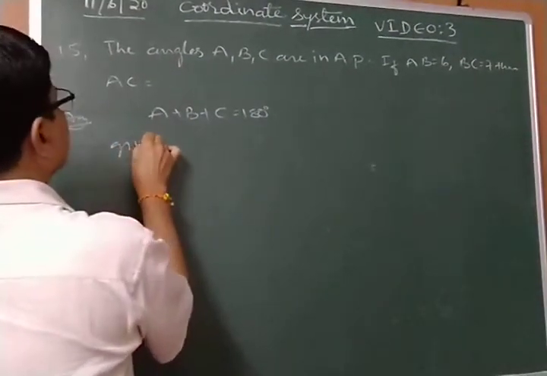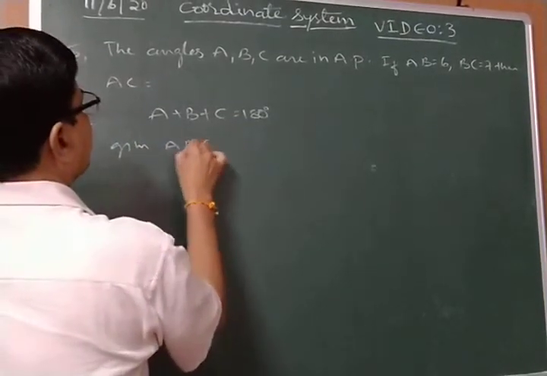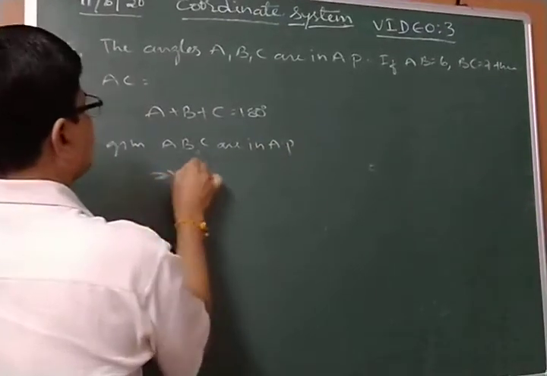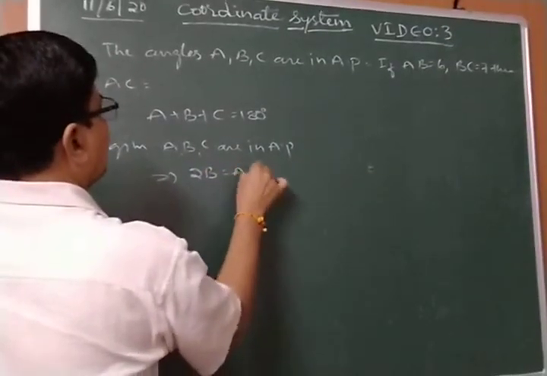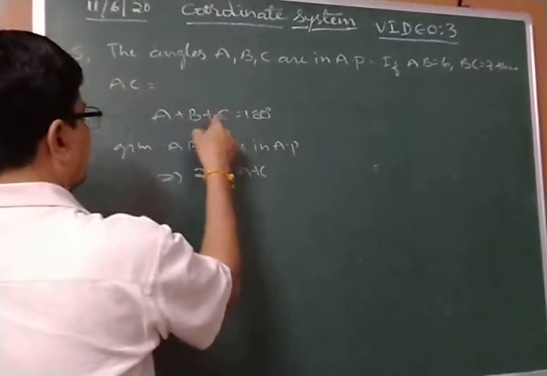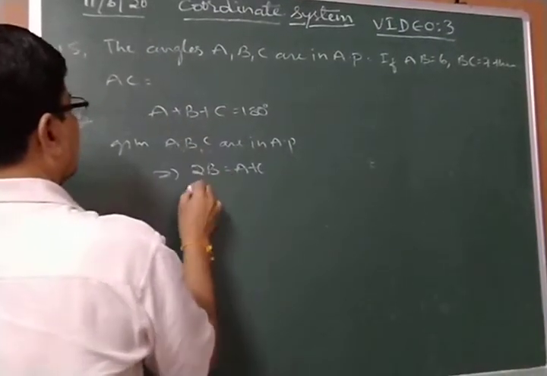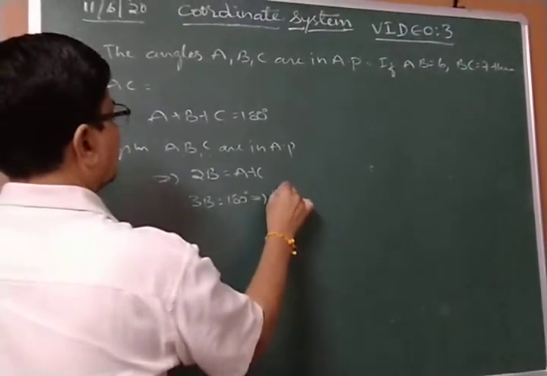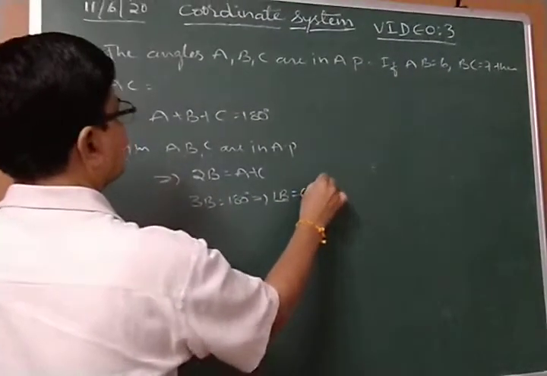Given A, B, C are in AP, that implies 2B is equal to A plus C. Substituting A plus C as 2B, 3B is equal to 180 degrees. That implies angle B is equal to 60 degrees.